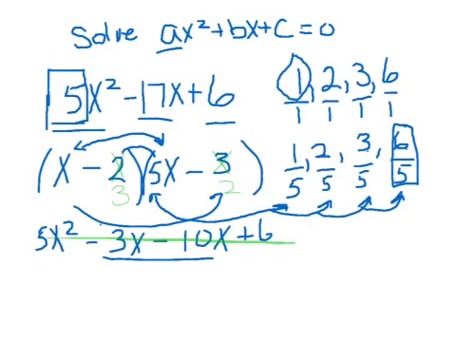So x times 5x is 5x squared. x times negative 2 is negative 2x. Negative 3 times 5x is minus 15x. And then negative 3 times negative 2 is plus 6.